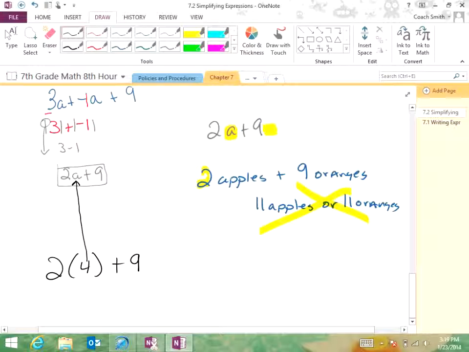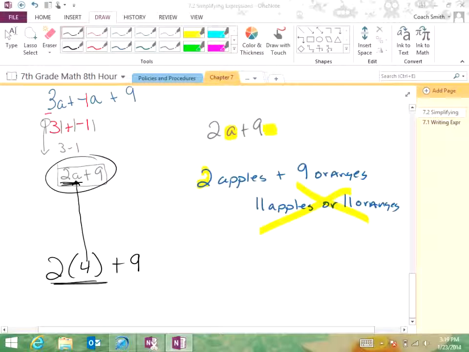It could be any number. It could be negative 2, 20 million, whatever. But if down here we have to do this step first before we can add the 9, then we have to do the same thing up here. But I can't because I don't know what a is. So therefore, I'm done. 2a plus 9 is your answer.